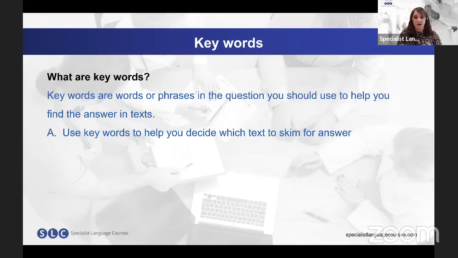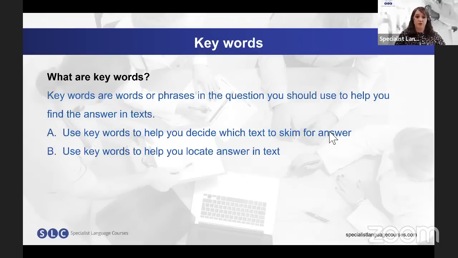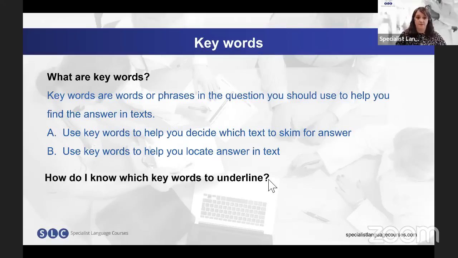You want to decide which text you should focus on, which you think is going to contain the answer that you need. You also need to use keywords to help you locate the answer. So first of all, you've got your keyword to help you decide which text, then you go to that text, and then you use other keywords from the question to help you look through the text to find the answer that you need.